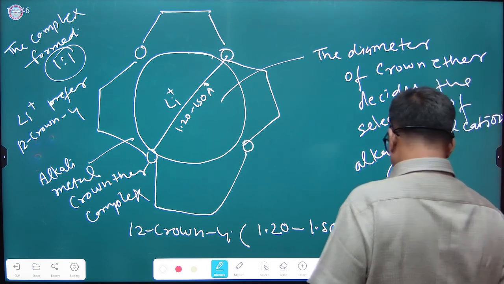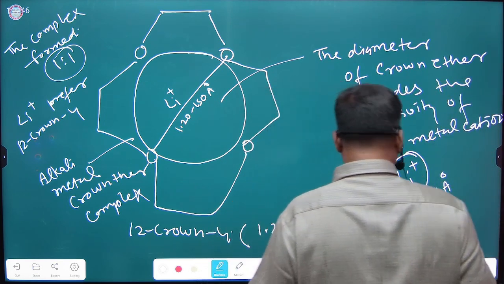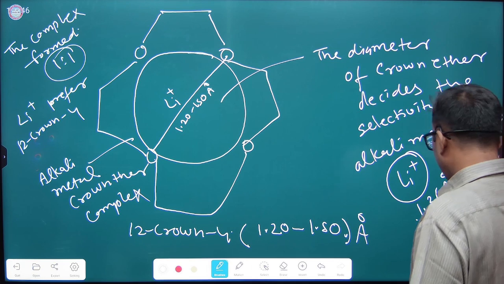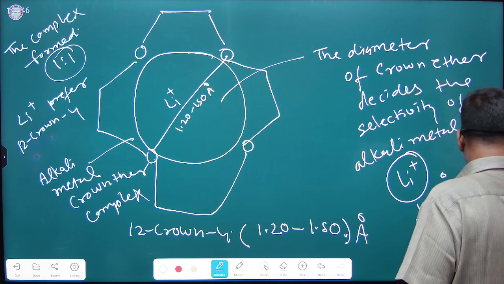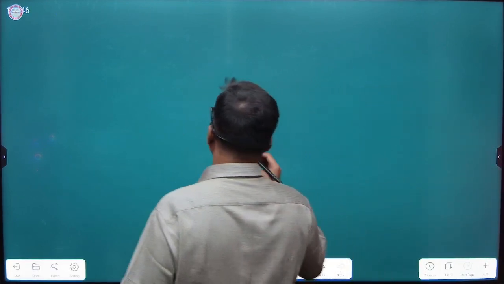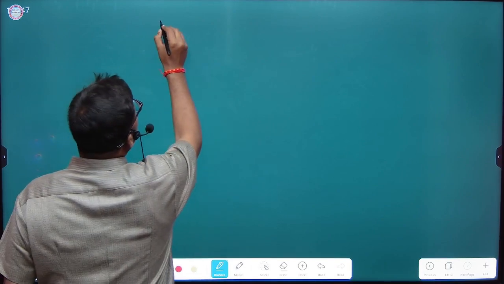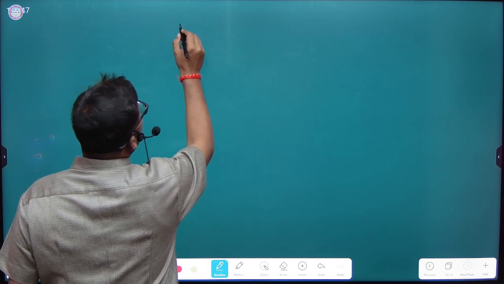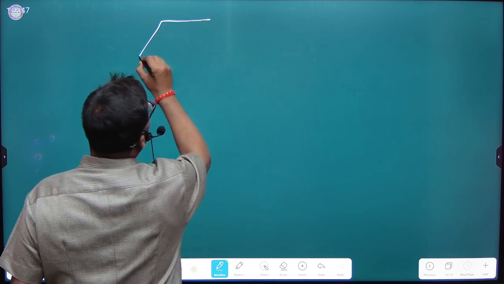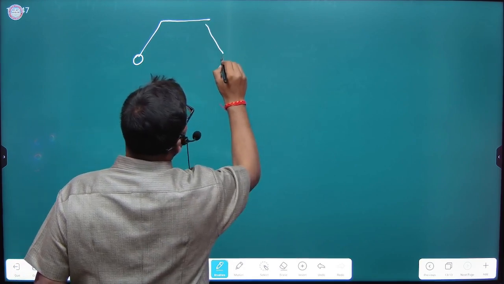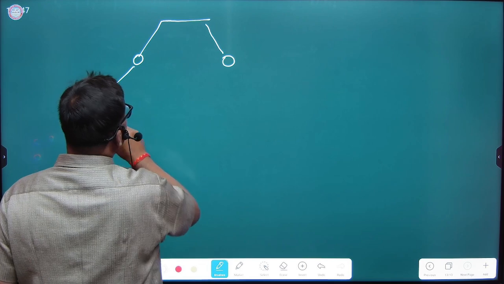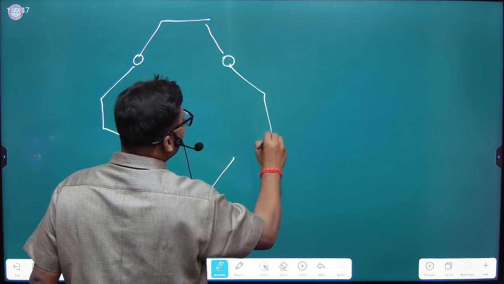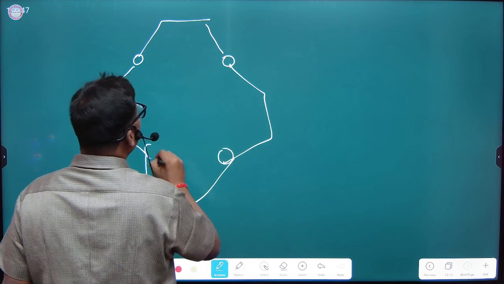So what is the structure of the alkali metal cation with the crown ether macrocyclic ligand, we can discuss in the next page. Suppose we again draw the structure of 12 crown 4, and this is the structure, right?